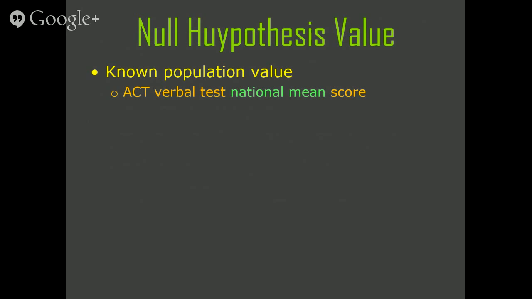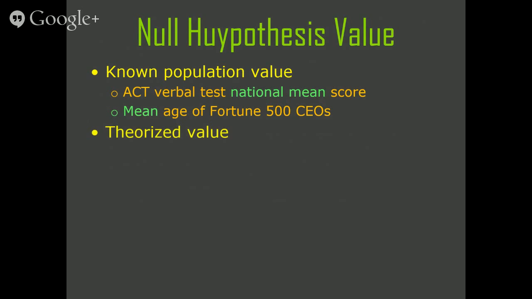Now, none of these are the way to do a null hypothesis for these variables. It all depends on your research question, but they're examples. Let's say you're looking at the age of some CEOs of a few companies you found. Well, maybe you would want to compare those to the mean age of all Fortune 500 CEOs, for instance. So empirically known population values, which might be national.